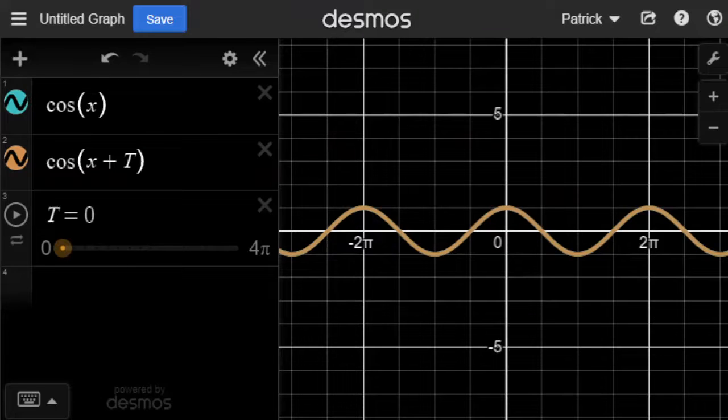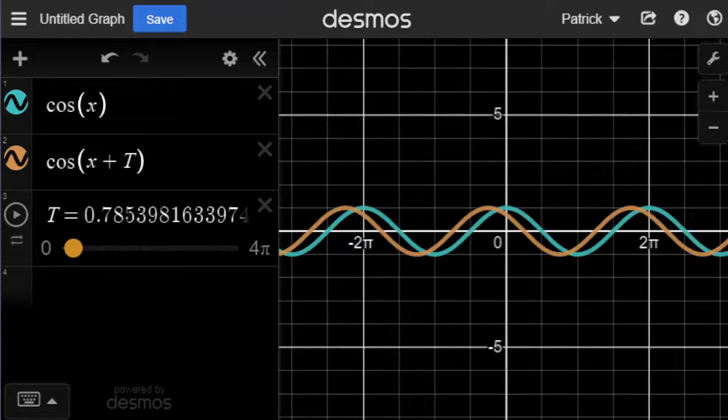To see what I'm talking about, let's jump back over to Desmos. And you can see here that I have, it's somewhat hidden, but in blue, there is cosine of x. And in orange, I have cosine of x plus, I used capital T here, and a slider for the value of t. So I can slide.